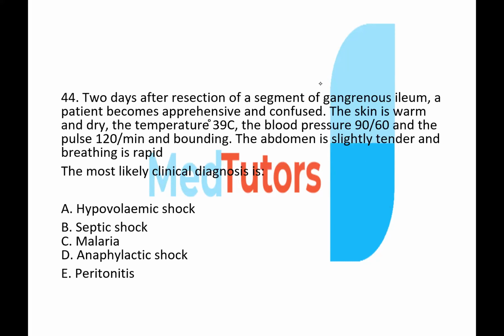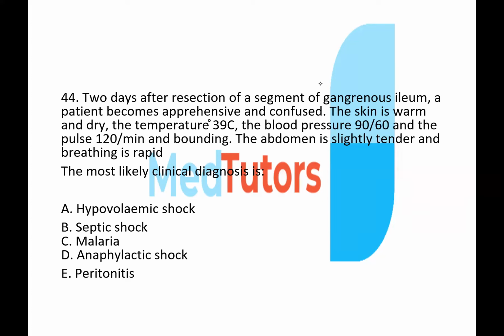Two days after resection of a segment of gangrenous ileum, a patient becomes apprehensive and confused. The skin is warm and dry. Temperature is 39. Blood pressure 90/60. Pulse 120 and bounding.